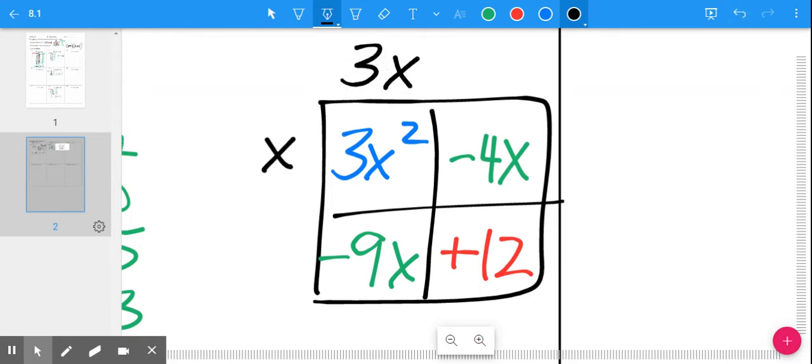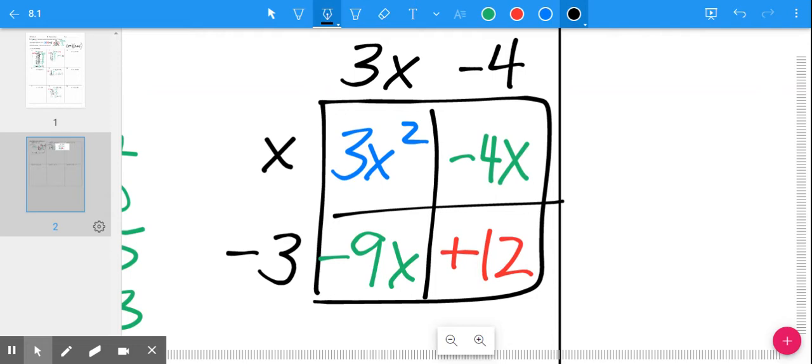So 3x. Can I turn a 3x into a negative 9x? Absolutely, by multiplying it times a negative 3. So then how do you turn an x into a negative 4x? That's by doing negative 4 times x.